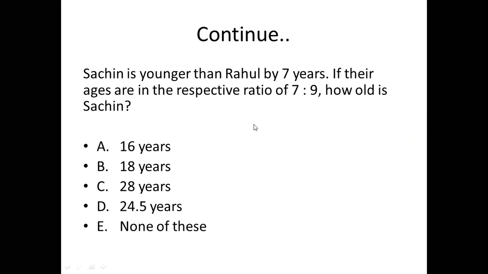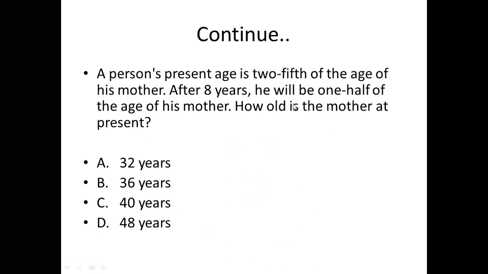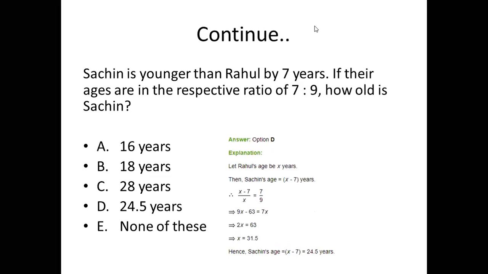The Sachin, we have to consider. Yes, we have to assume over here that let the age of Sachin be X. So what we are doing, we are considering, please note it down, we are considering the Rahul age will be X, and we can do it the other way also.